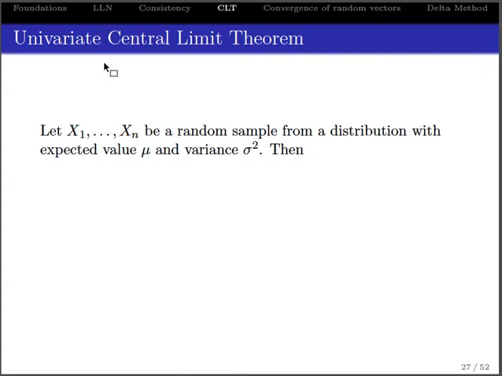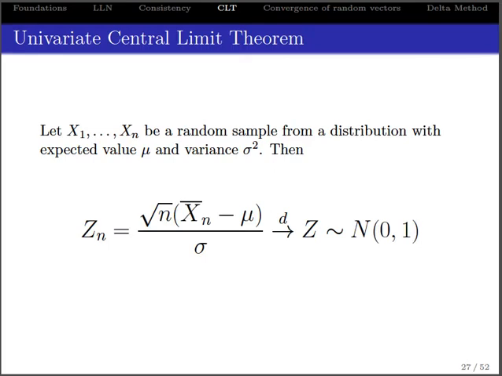Let X1 through Xn be a random sample from a distribution with expected value mu and variance sigma squared. Then Zn, where you take X bar, subtract off its expected value, and divide by its standard deviation, converges in distribution to a random variable Z, which is normal 0, 1.